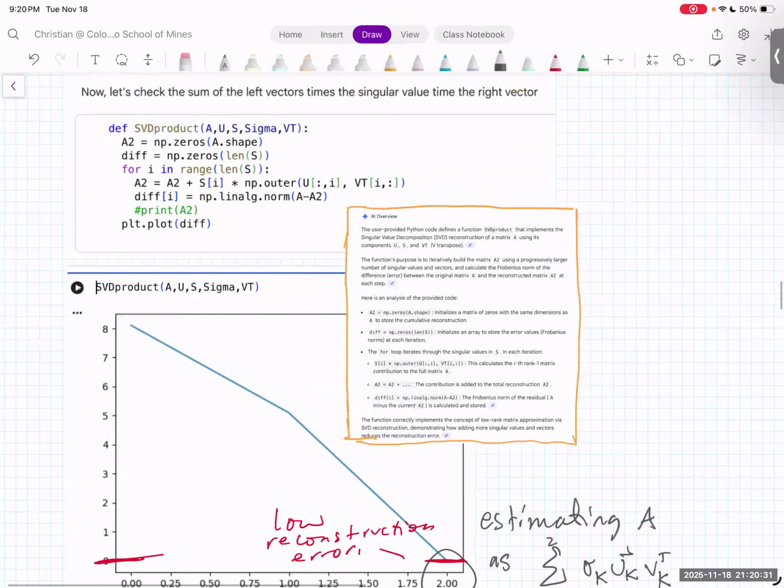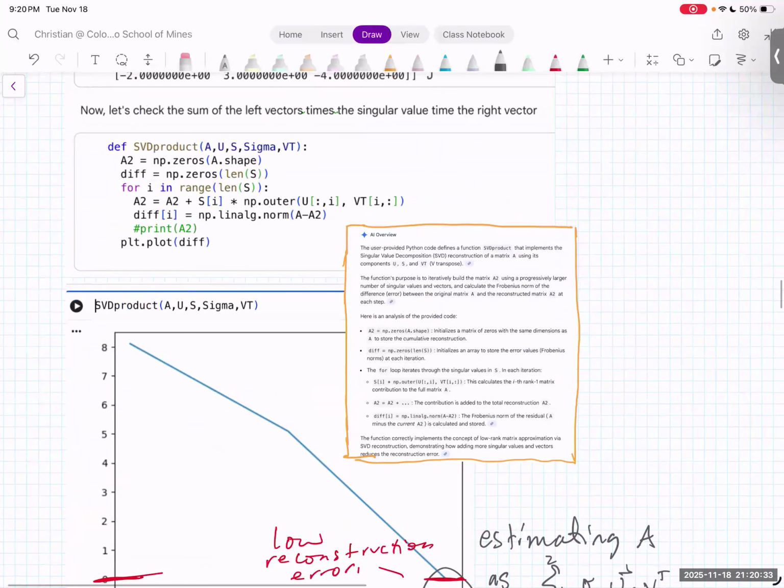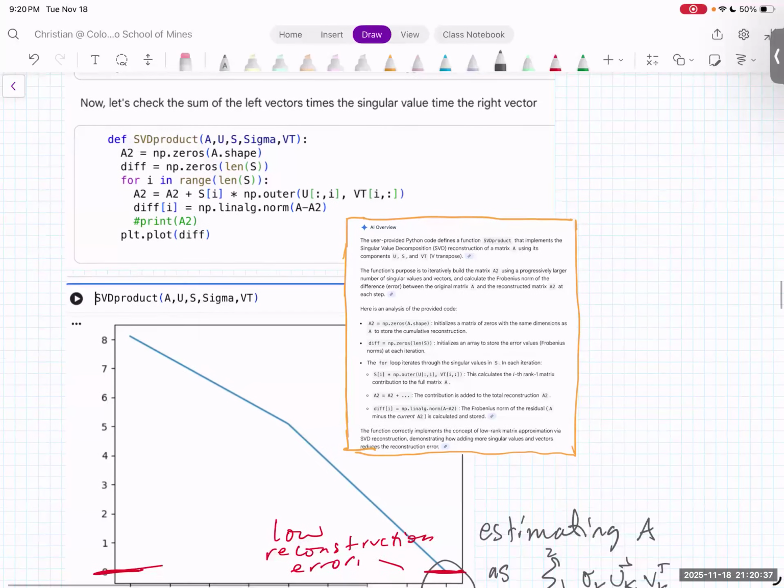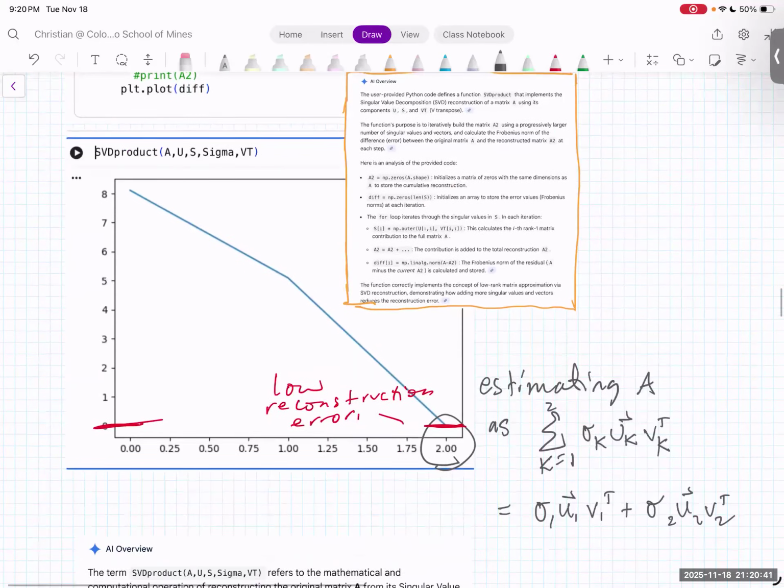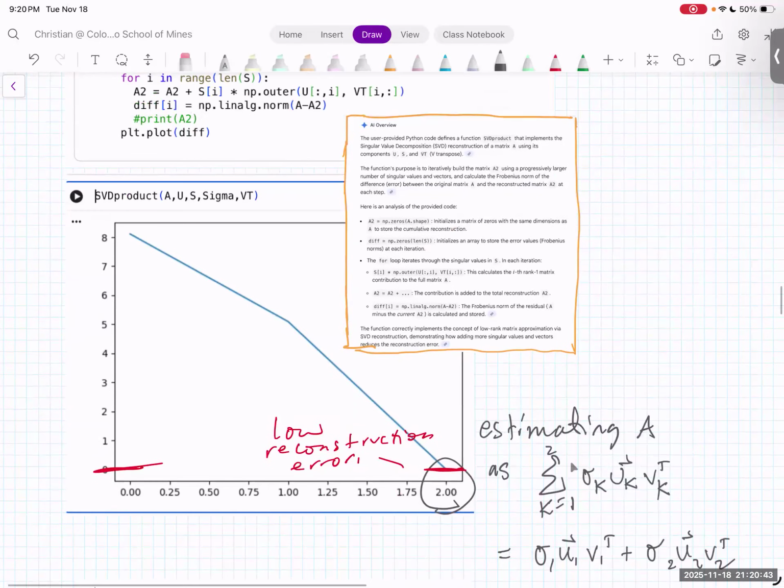And we checked that. Okay, so now let's check the sum of the left vectors times the singular value times the right vector. This is computing that sum, down here, sum of the singular value, the column for matrix U and the row for matrix V transpose.